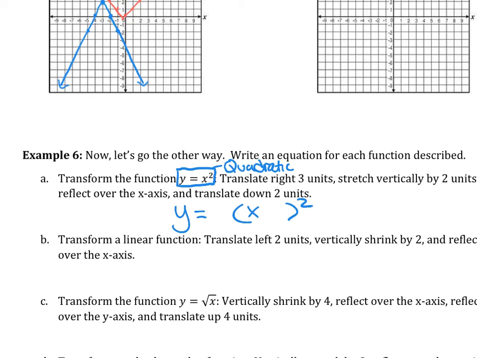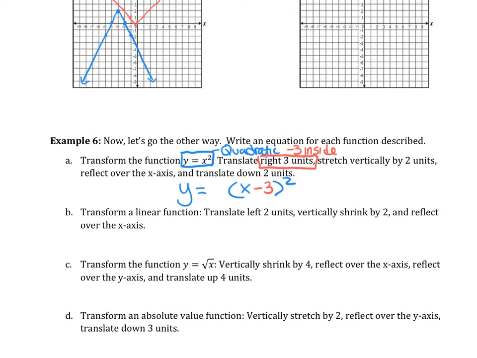So now, I'll just go one transformation at a time. We want to translate right 3 units. That means we're going to minus 3 inside or outside? Inside. So inside those parentheses with the x, we'll have a minus 3. Okay, then we want to vertically stretch by 2 units. That means we're going to multiply by 2 on the outside.